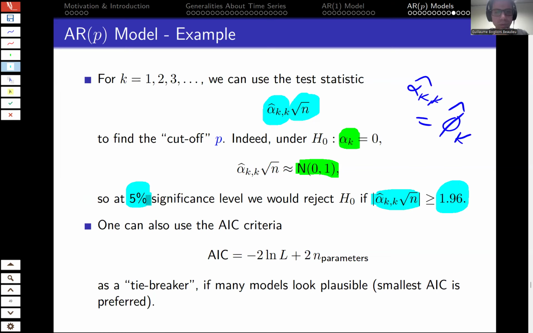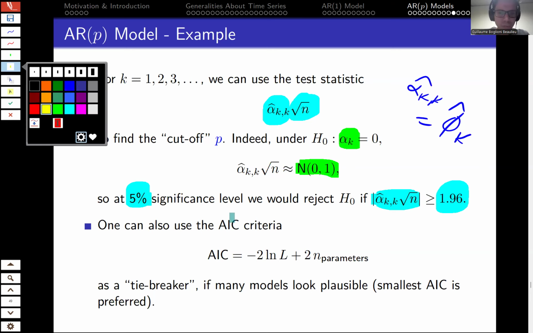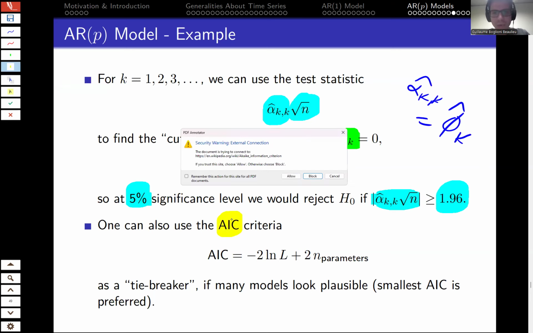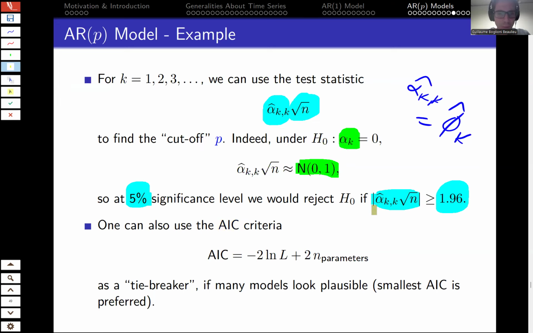Now, one last point here. And frankly, I'm not entirely sure that everybody would have seen this AIC criteria before. You might have in your stats course, but let's explain. This is a very, very general criteria. It doesn't apply only to time series. It's a criteria you can use to pick a model when you have several candidates available.